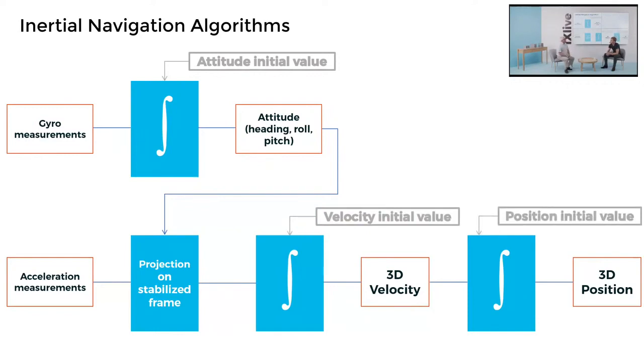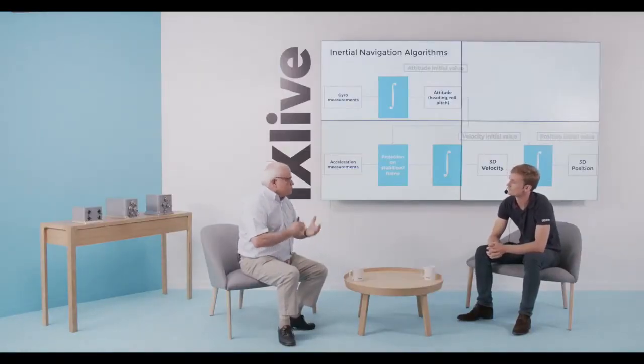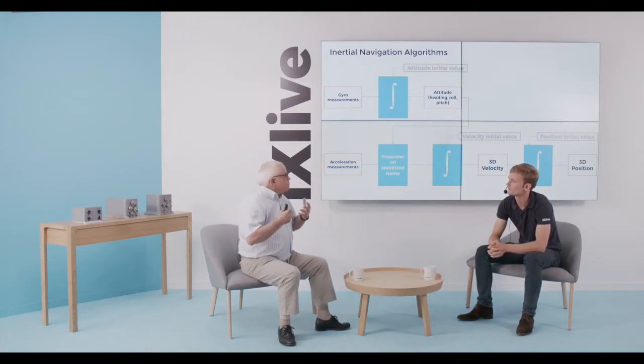But I want to focus on the initial value of heading, which could be a little bit tricky. There are mainly three methods when you are switching on the INS to get this initial value for heading. Imagine that the vehicle is still, not moving, static.